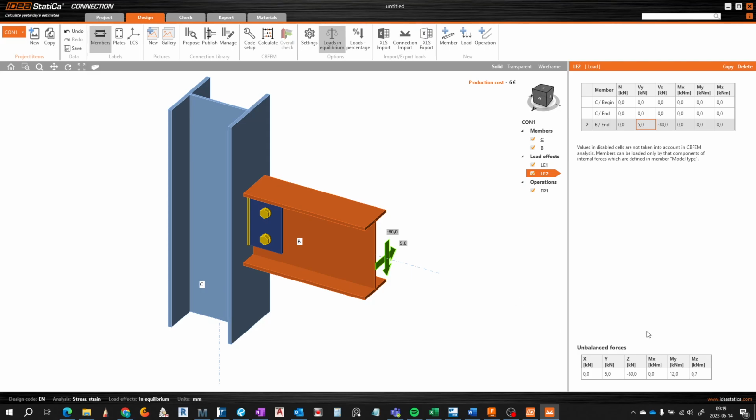We need to check if the forces are balanced, and they are not. So we put a balance for these forces here. Over there is -5.